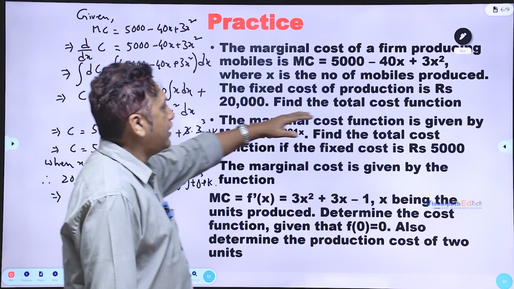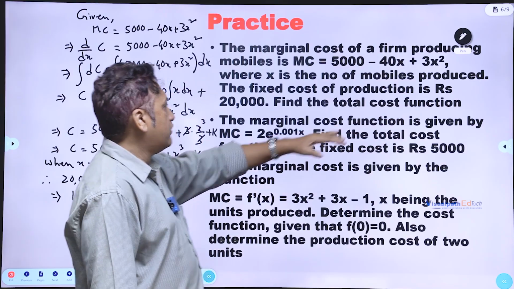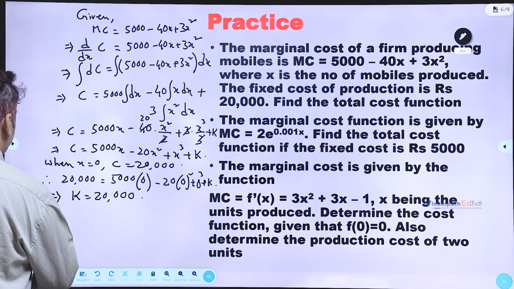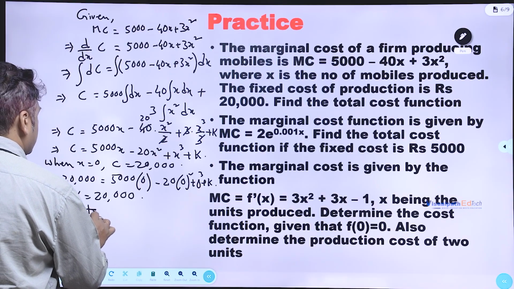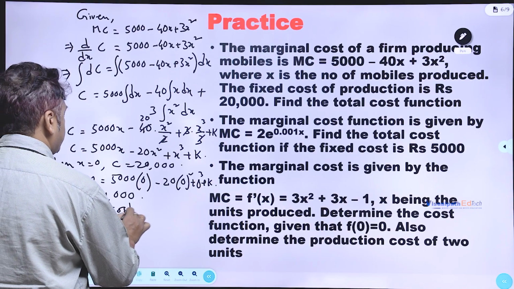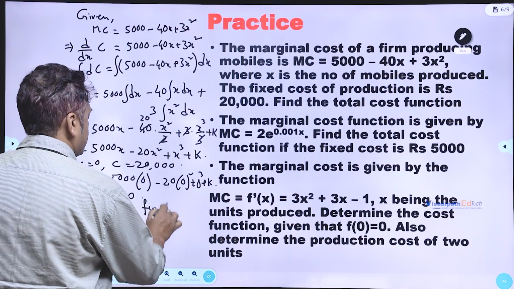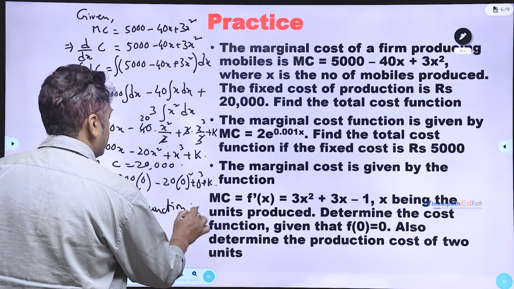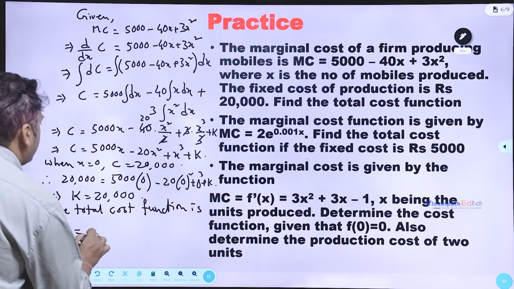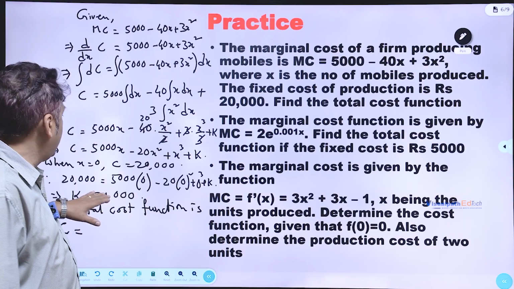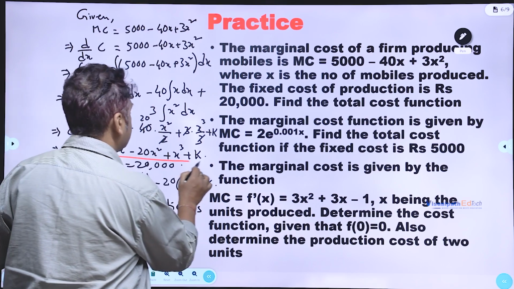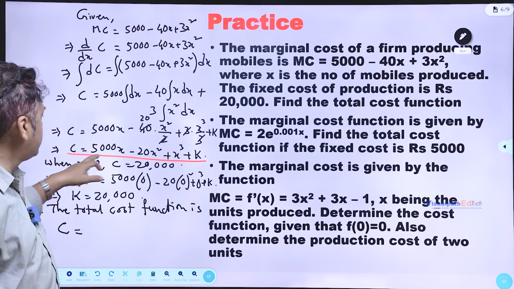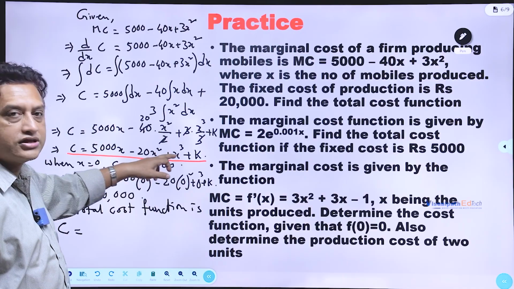Now the question says find the total cost function. Therefore, the total cost function is C = ... We put the value of k in this line, which says C = 5000x - 20x squared + x cubed + k.